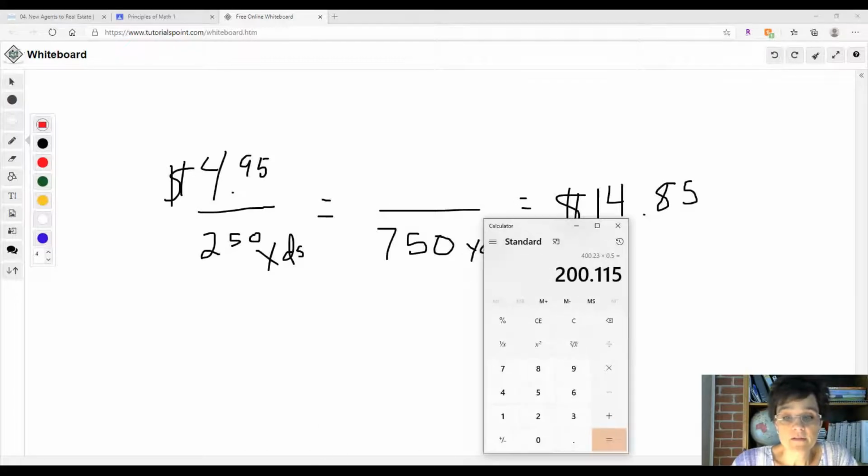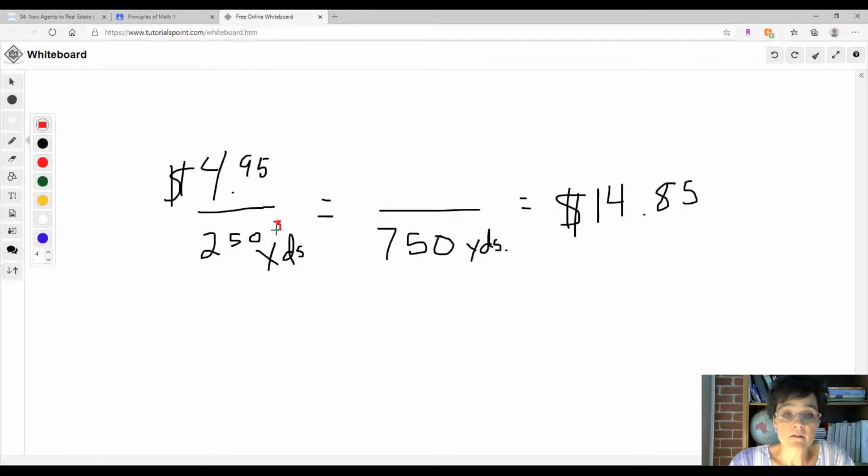Well, obviously you'd have to divide: 750 divided by 250 gives you 3. So that means 250 times 3 gives you 750. Well, if you do times 3 here, then you got to do times 3 here. Remember when we were doing equivalent fractions? So $4.95 times 3 would give you what?